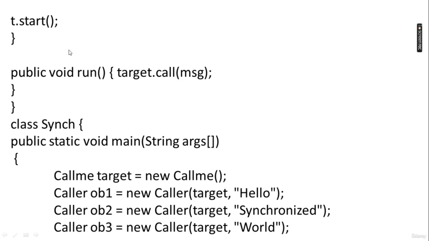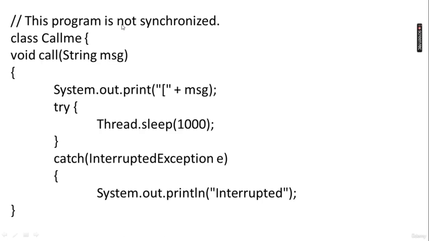t.start will call the target.call method, but since you are sleeping for 1000 milliseconds, that is 1 second, the other thread that is waiting gets to run after hello is printed. In between it sleeps for 1 second. In that 1 second, the CPU will get the next thread, that is Synchronized. So its square bracket is remaining to be printed, that is, what we have given after the sleep.